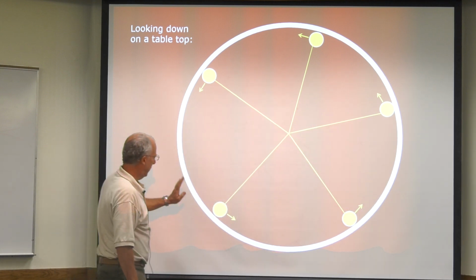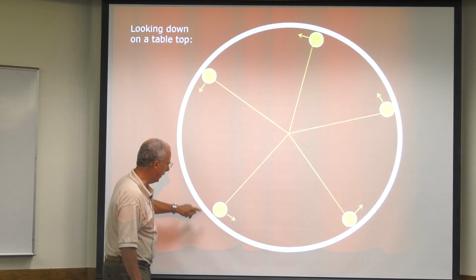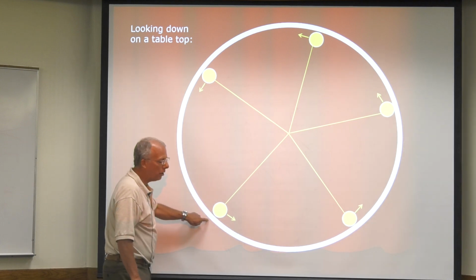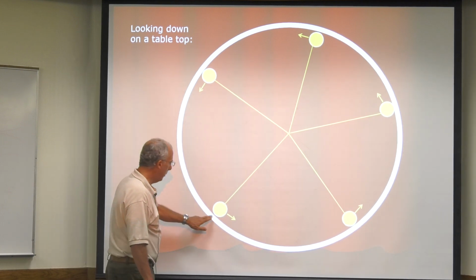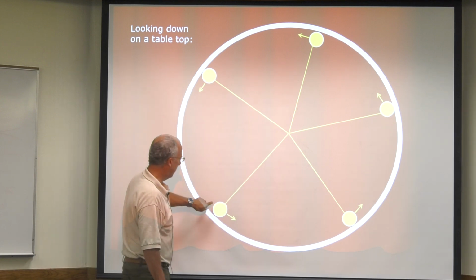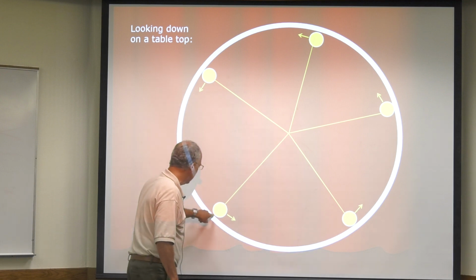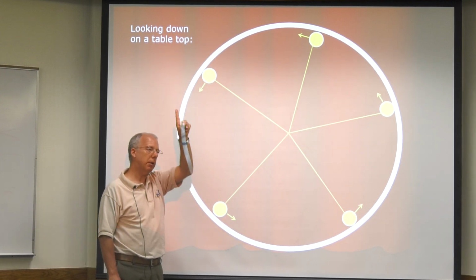It's not clear here, I guess, but it's not touching this metal ring. If it were touching the metal ring, there'd be a horizontal normal force. But it's just going around on a tabletop. So there's tension, there's normal force from the table, and there's weight.